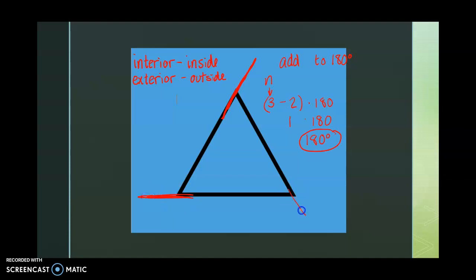But we can extend all of these lines out, and then we have exterior angles. And no matter what shape we're looking at, those are going to add up to 360 degrees. So that's what that theorem's saying.